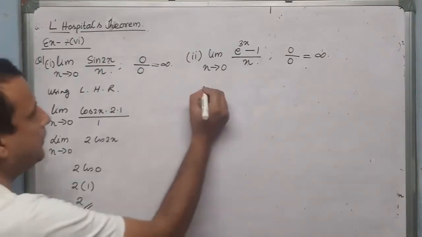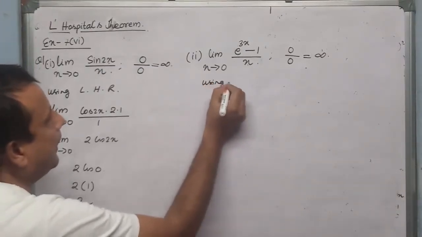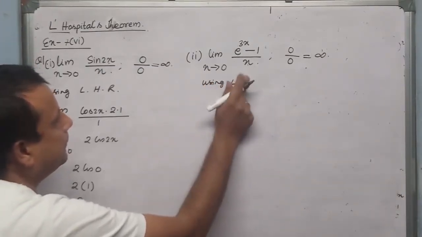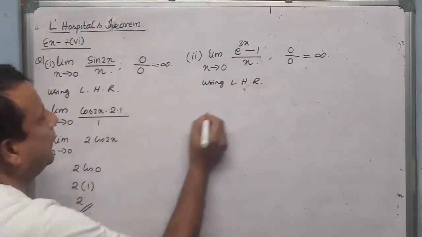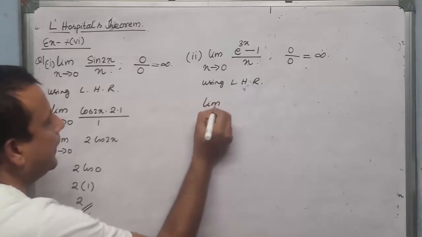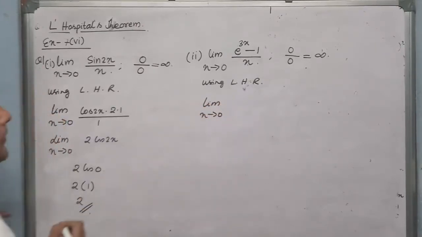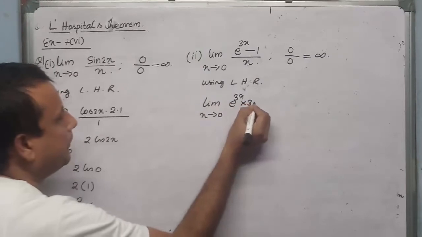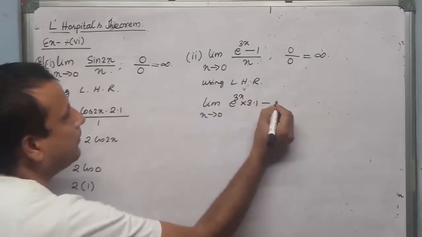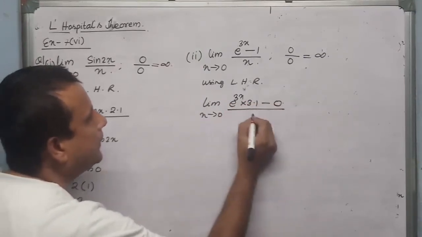To make it exist, I'll use L'Hospital's rule. Then, limit x tends to 0, I'll differentiate numerator separately and denominator separately. The derivative of e to the power 3x is e to the power 3x into 3, derivative of x is 1, minus derivative of 1 is 0, over derivative of x is 1.